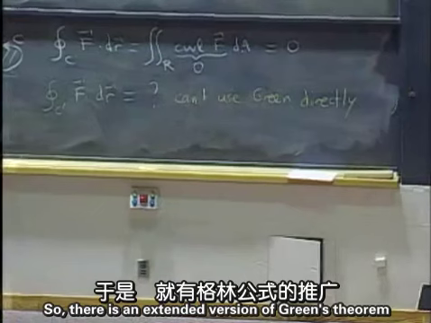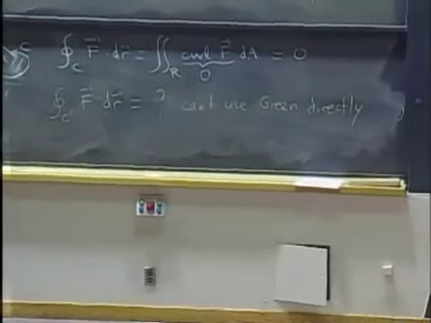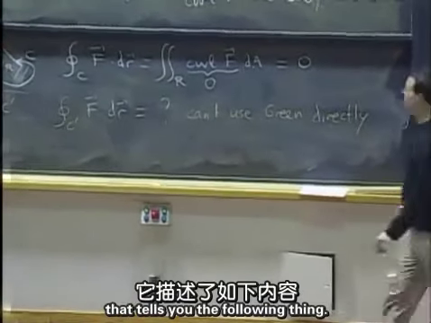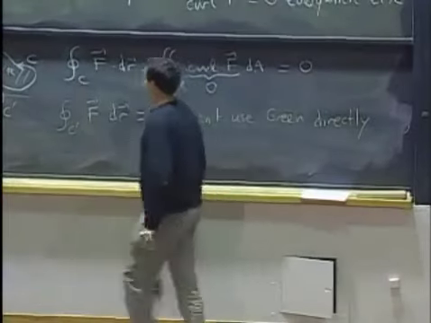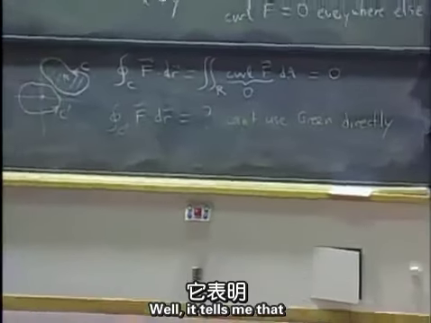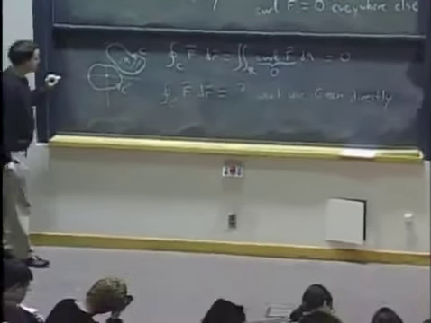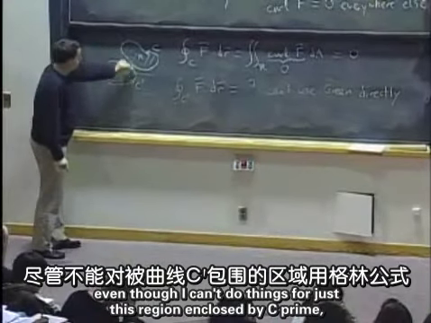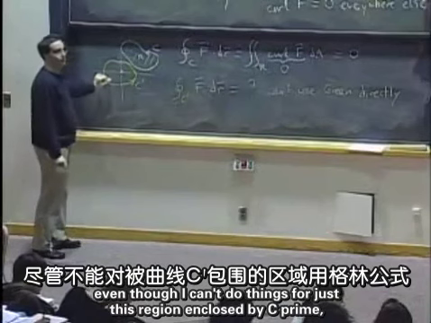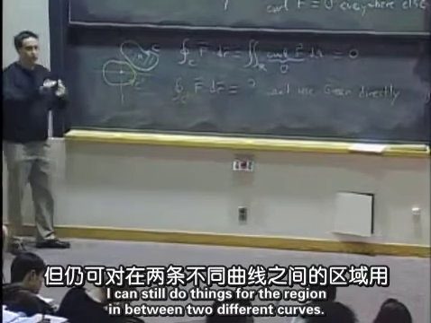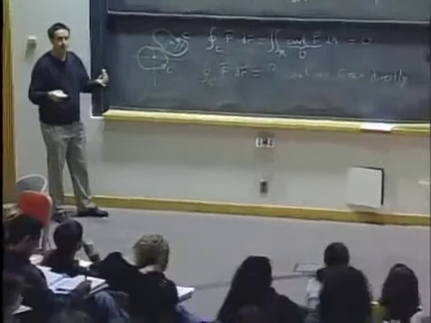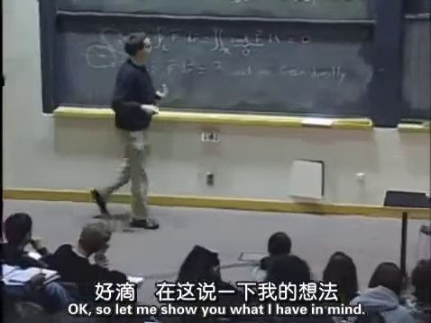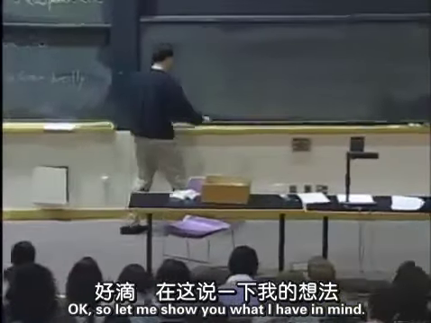So there's an extended version of Green's theorem that tells you the following thing. Even though I can't do things for just this region enclosed by C prime, I can still do things for the region in between two different curves. Let me show you what I have in mind.